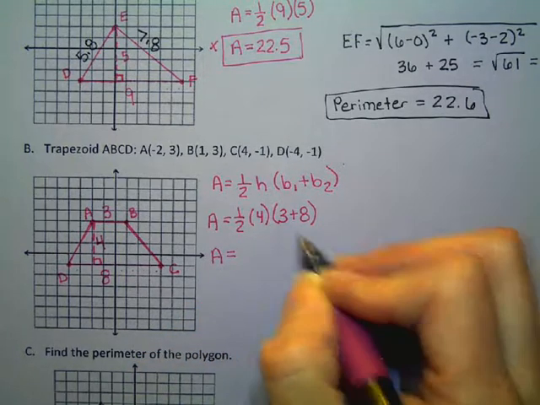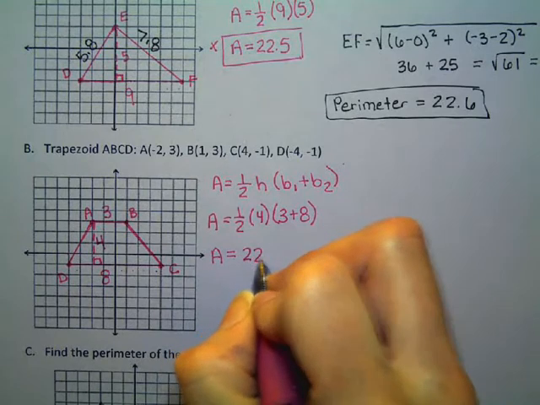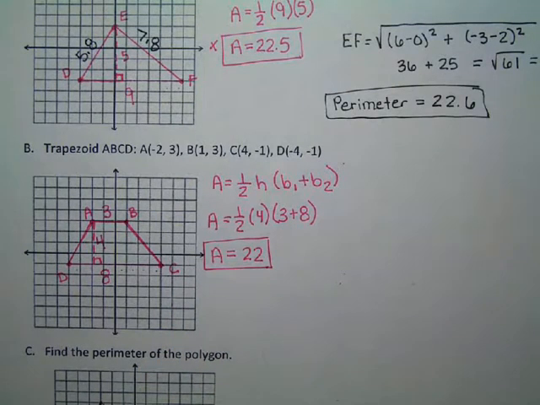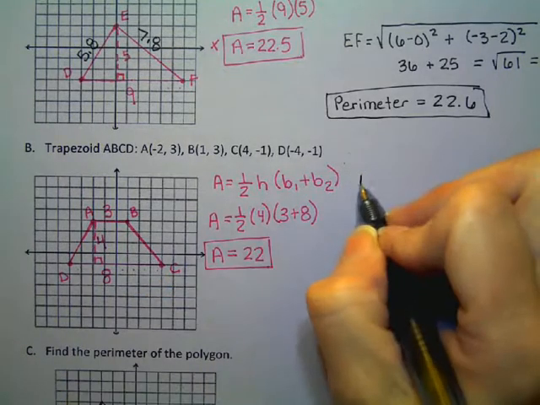Now 1/2 of 4 is 2, and that's 11, so we'll say this is 22. Perimeter, I need to find the diagonal lengths of like AD and BC. If I look at this picture, they don't look the same size. So I'm actually going to do two distance formula again on this to find the length of AD.